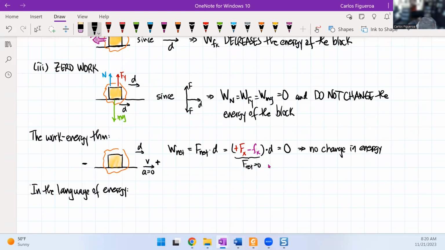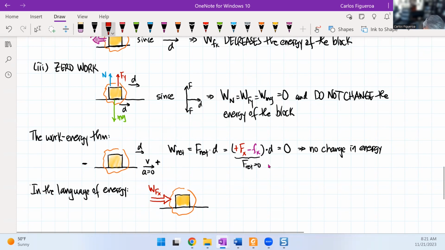In the language of energy, we then say that we have a block, and I look at my system. What happens here is that there is a flow of energy flowing into the system due to the work of f of x. And by the way, I've now changed my colors, so let me go back and not do that.